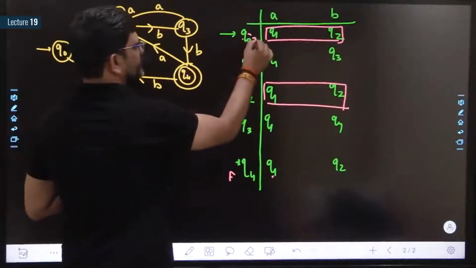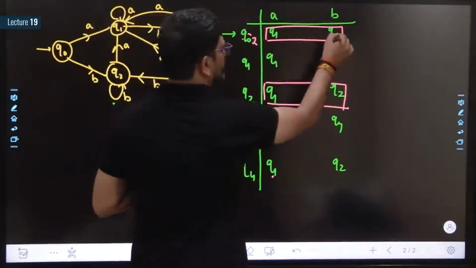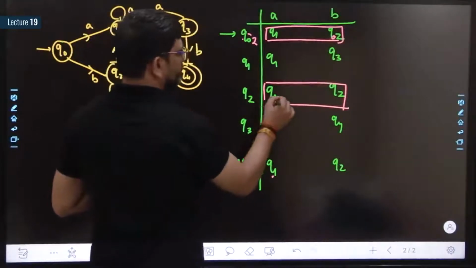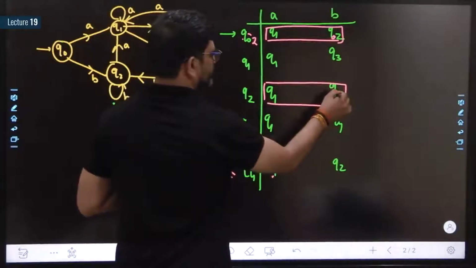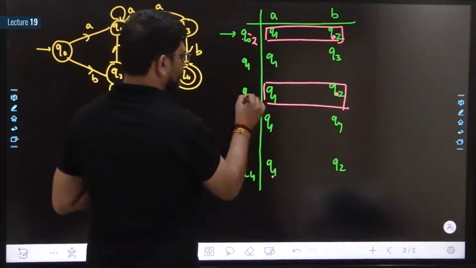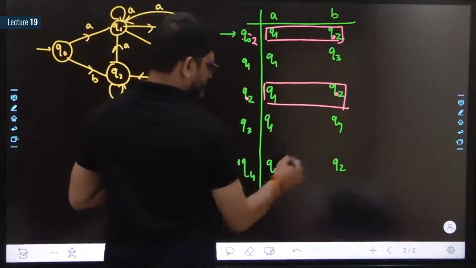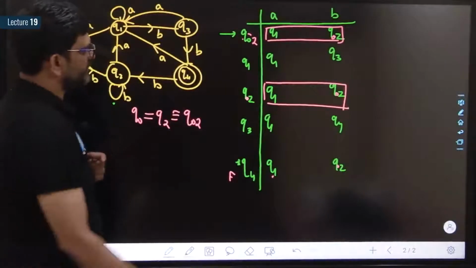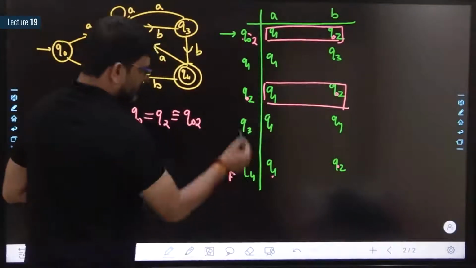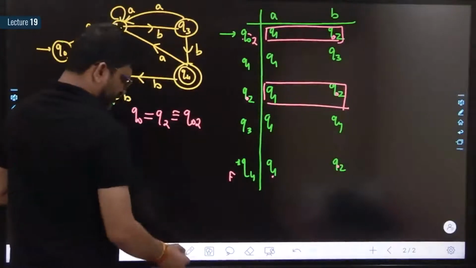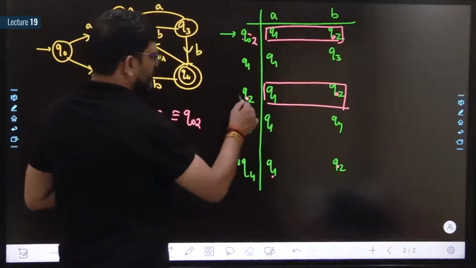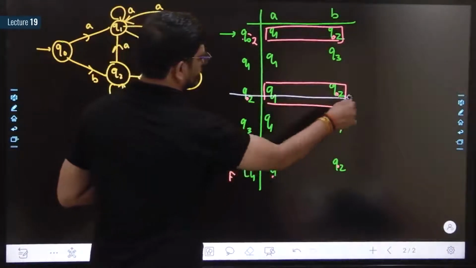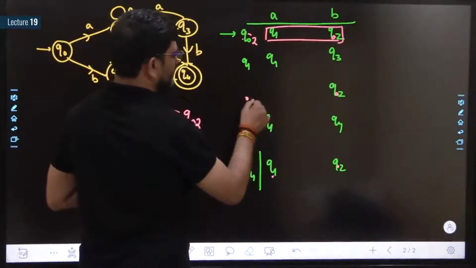So this one is Q02. See, these two states are the same. Remove this state.